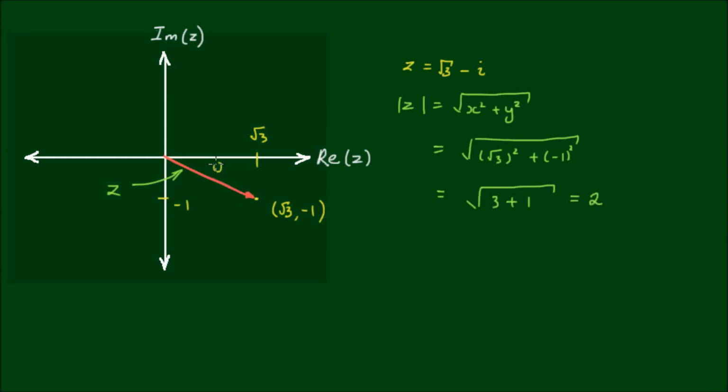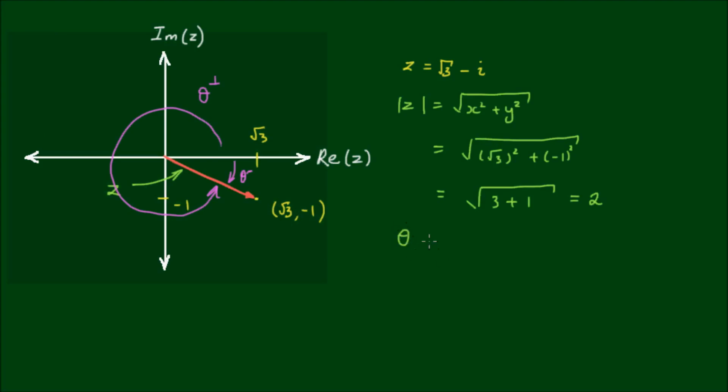Now for the angle theta with respect to the real axis, we have to be careful here, because we could either go all the way around in an anti-clockwise fashion, in which case the angle would be positive and it would be a reflex angle, or we could go in a clockwise direction and express the angle as a negative angle. In this case, I believe it will be more appropriate to express the angle as a negative angle in the clockwise direction.